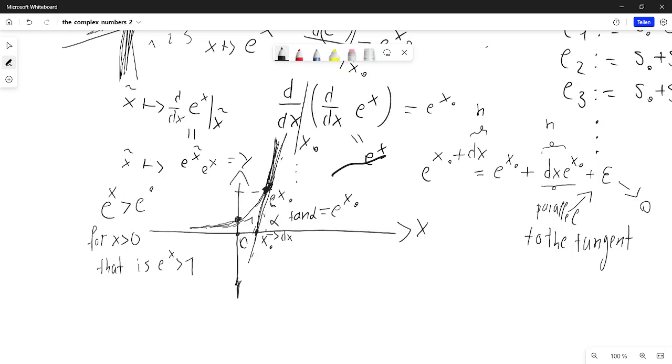And if you wanted to compute the intercept of the actual tangent, of course we would have to do something a little bit different.